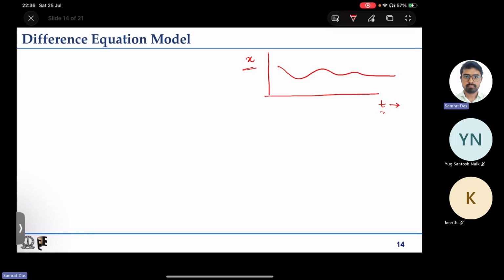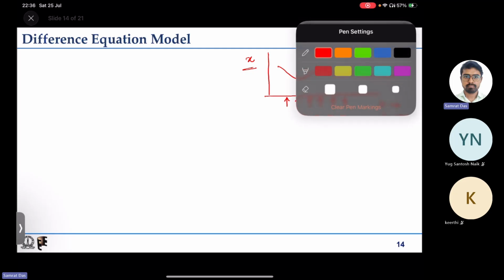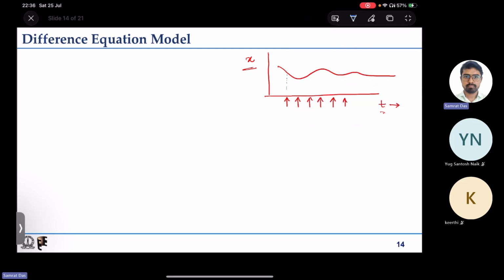Instead, we will have to do some sampling of the quantities, and we will hold the information about the state variable at those specific samples. Say this is the first sample, so this value is stored. This is the second sample, this value is stored.